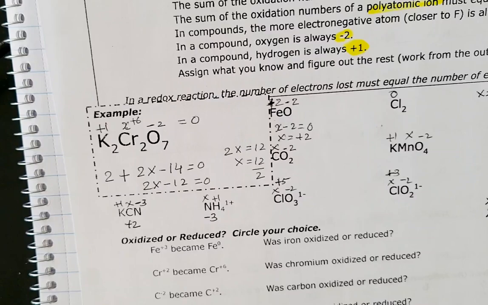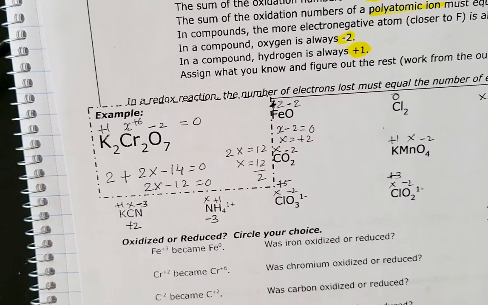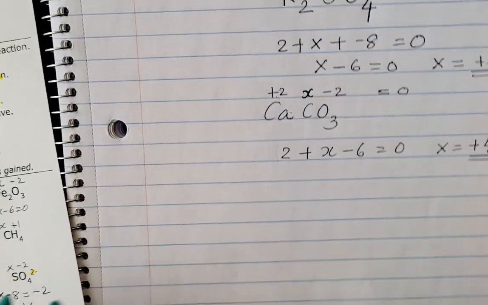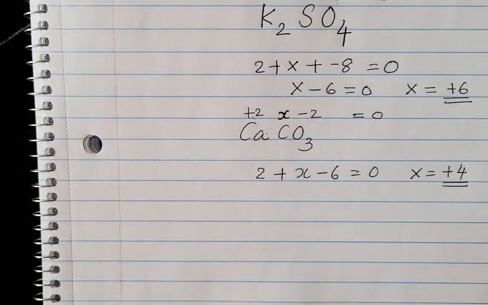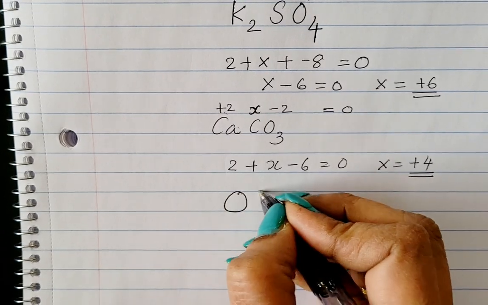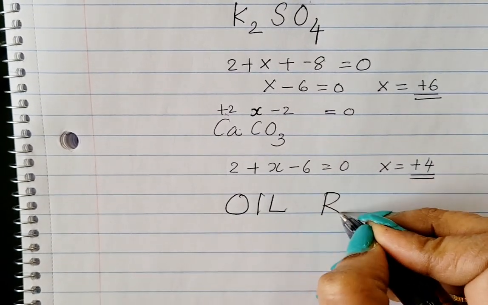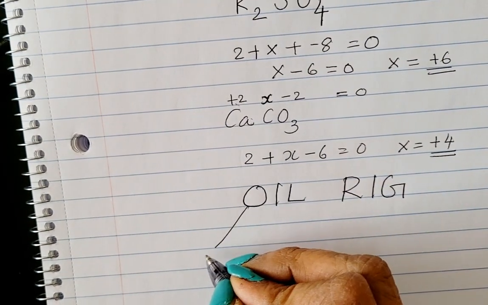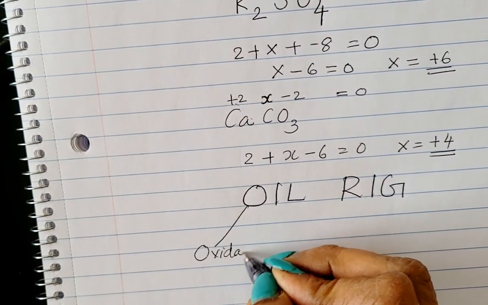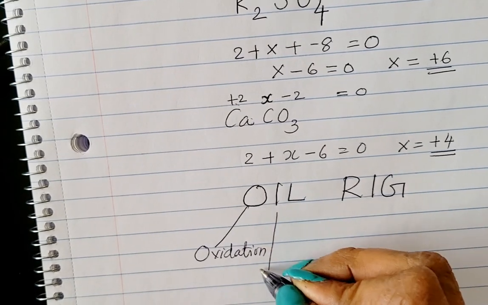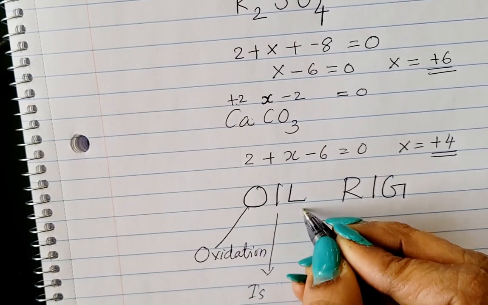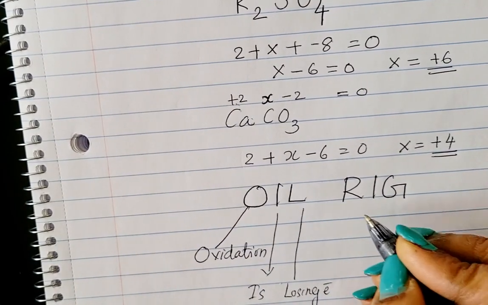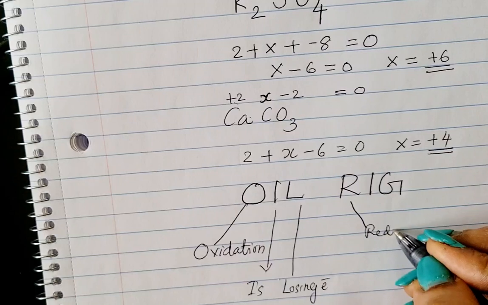Okay, now we are going to decide the oxidation or reduction. For that, there is a mnemonic, I don't know if it's a mnemonic or abbreviation. It says OILRIG. OILRIG, the expansion is oxidation is losing electron, and reduction is what?